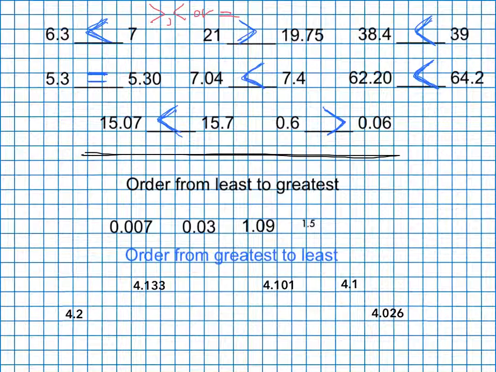Now we have to look at the number to the right of the 1. 1, remember, 1, 1, 1. Well, this has a 3, this has a 0, and this has nothing. The 3 is bigger than the 0 and the nothing. So let's put this right here. Now it's between 4 and 101 thousandths and 4 and 1/10.